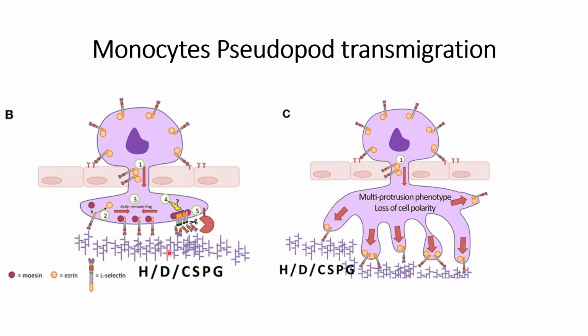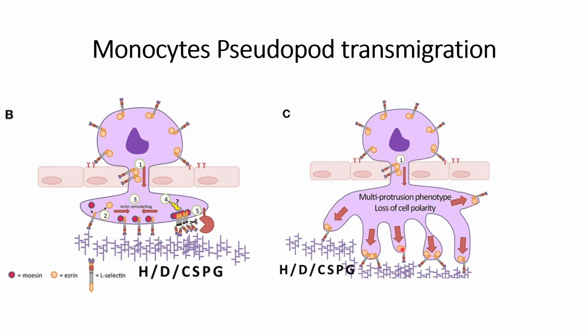So if this L-selectin shedding is prevented somehow, then what will happen? It will lead to multiple protrusion formations, which can be seen in panel C, and these multiple protrusions will result in the loss of cell polarity, and it will affect the ability of these monocytes for transmigration.